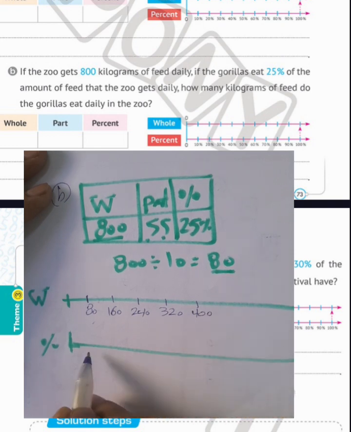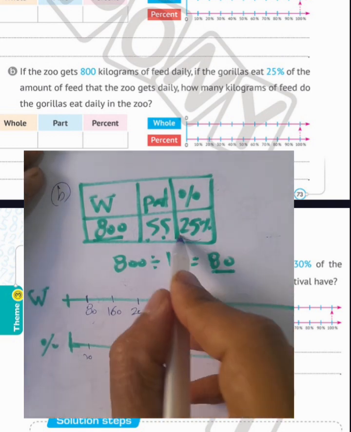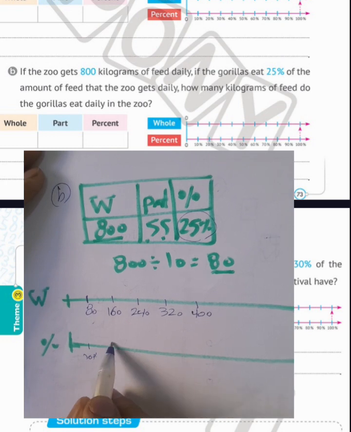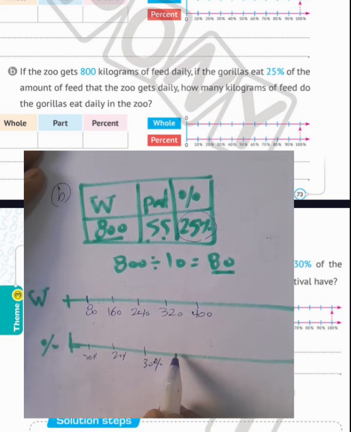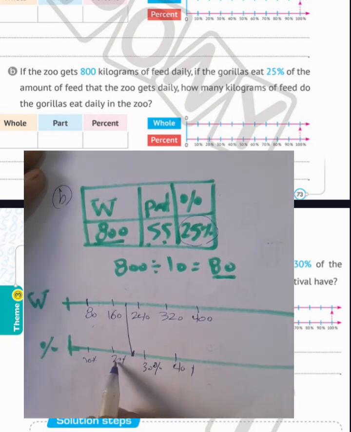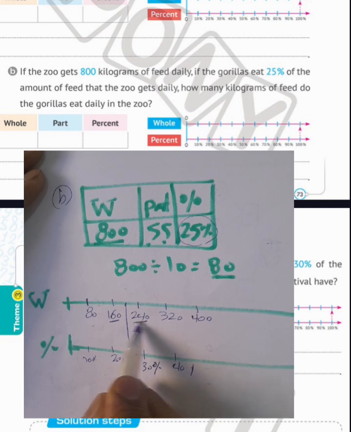And then right here we want to find 25. Okay, 10%, 20%, 30%, 40%. 25 here lies between two numbers, between 160 and 240.